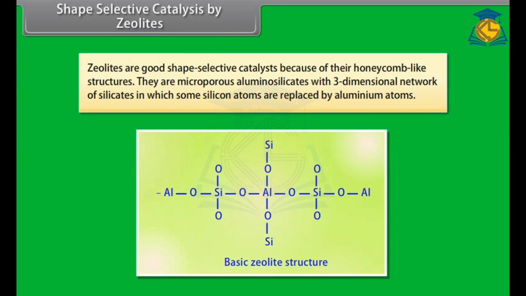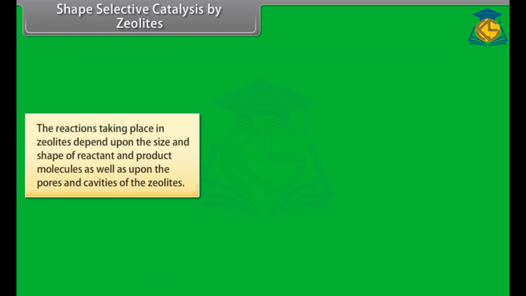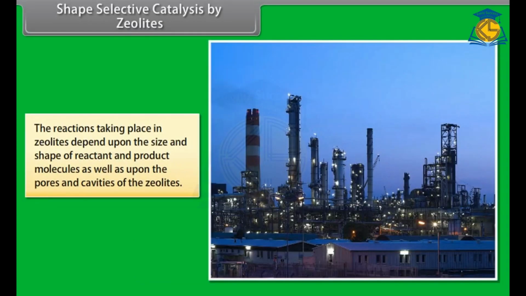They are microporous aluminosilicates with a three-dimensional network of silicates in which some silicon atoms are replaced by aluminium atoms. The reactions taking place in zeolites depend upon the size and shape of reactant and product molecules as well as upon the pores and cavities of the zeolites.